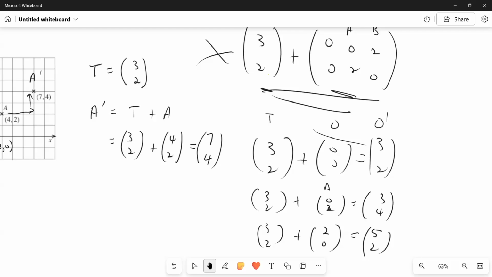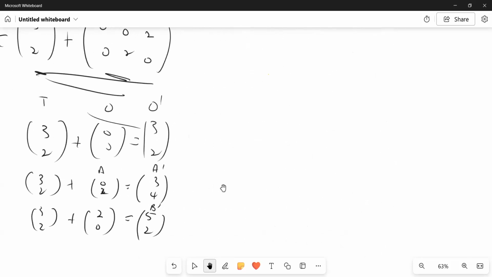Right? So your image O, A prime, B prime are these here. Right? You can write them back as, let me put it here. Your image is really O 0, 0, A prime 3, 4, B prime 5, 2.